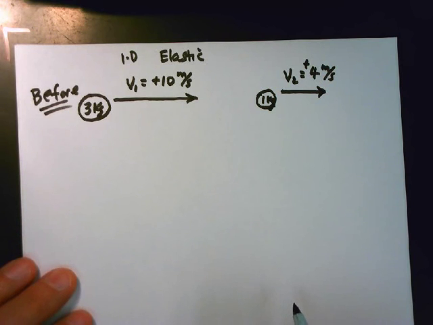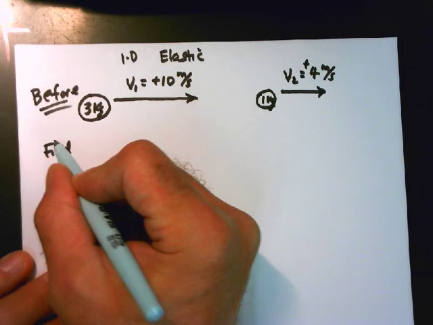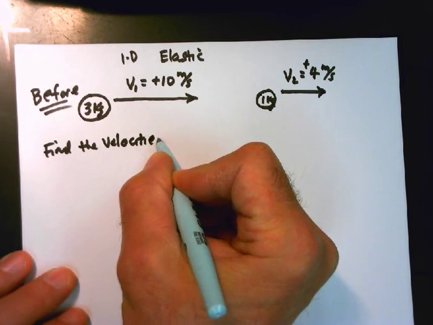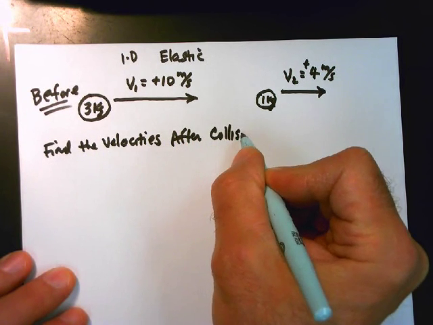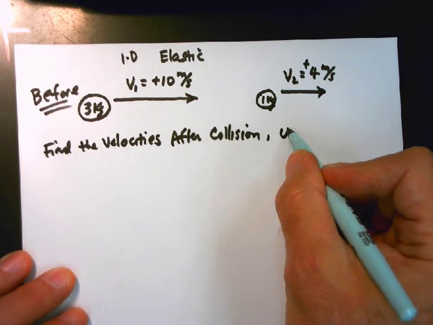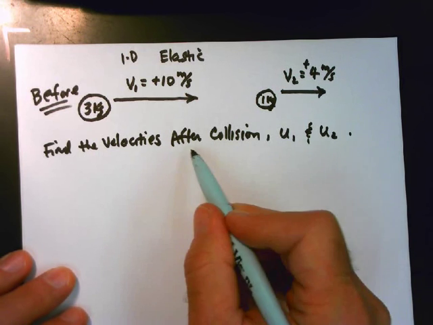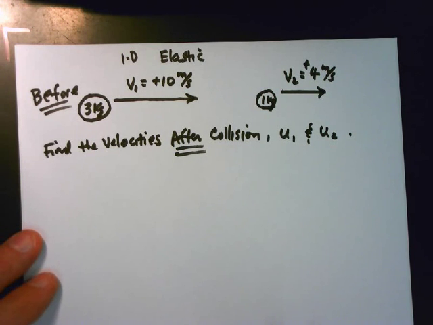So what we want to find, this is what's given. Find the velocities after collision. In other words, that would be u1 and u2. Okay, so how do we do it?